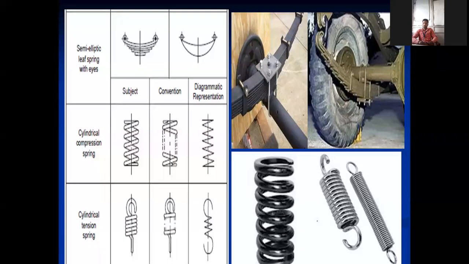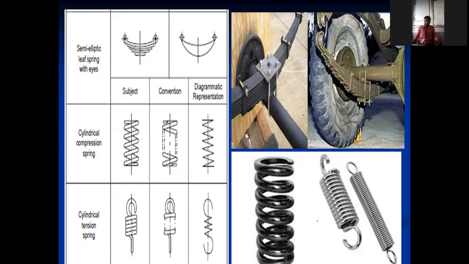So here, semi-elliptical leaf spring with eyes. With eyes means this circular structure, and with center band means in the middle there will be a center band.